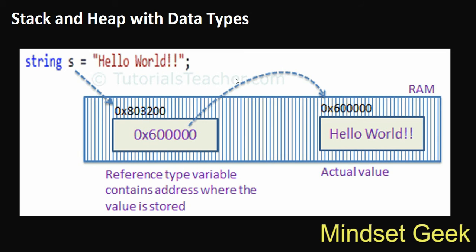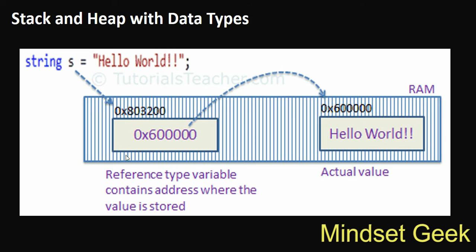We said this is stack memory. The value type variables assign the value directly to the memory location, in stack memory locations.